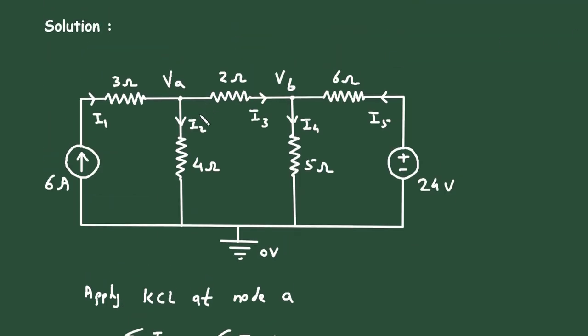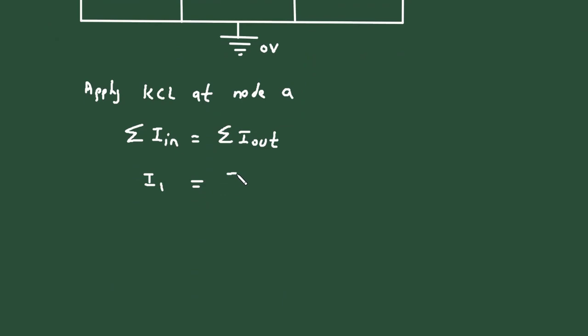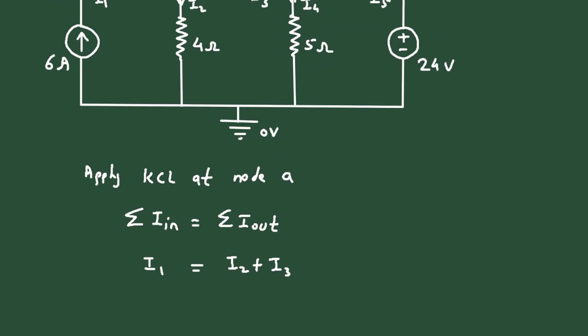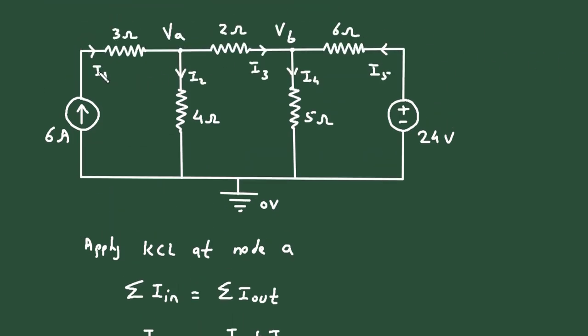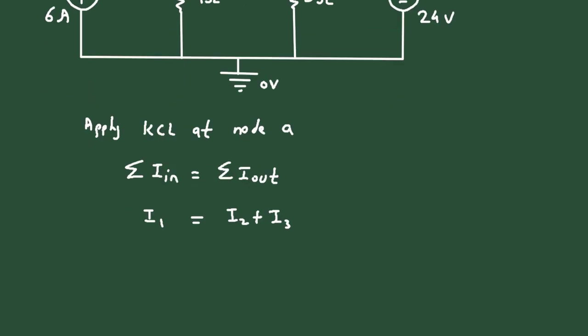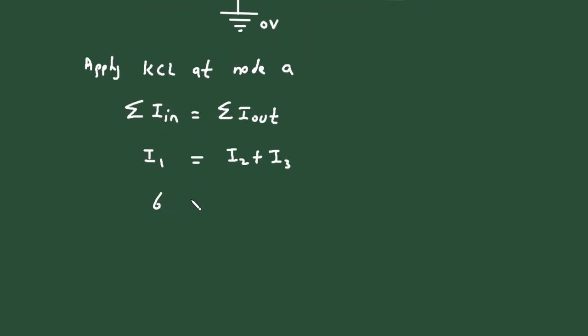The leaving currents are I2 and I3. These are the leaving currents from this node. So here we can write I2 plus I3. Now here this I1 is equal to 6 ampere. So here we can write 6 is equal to I2.